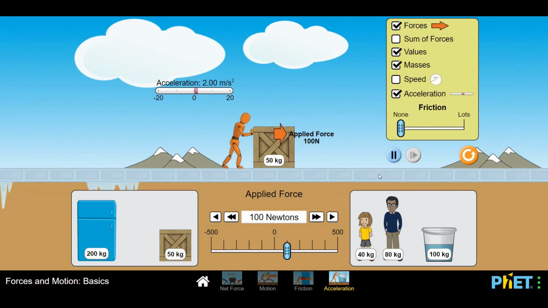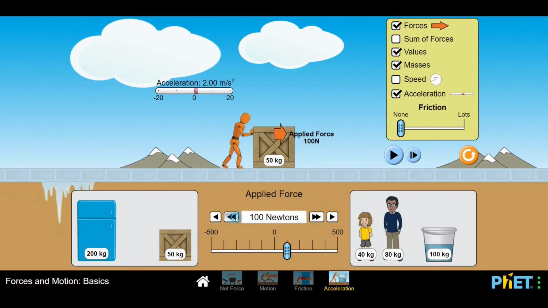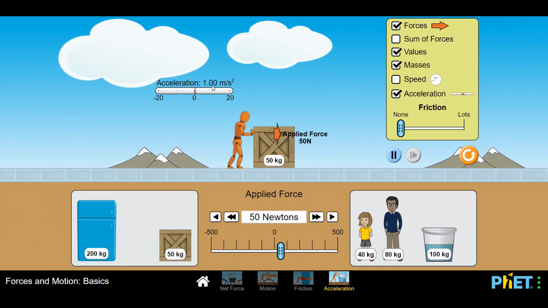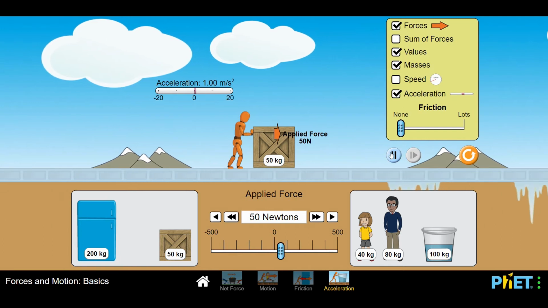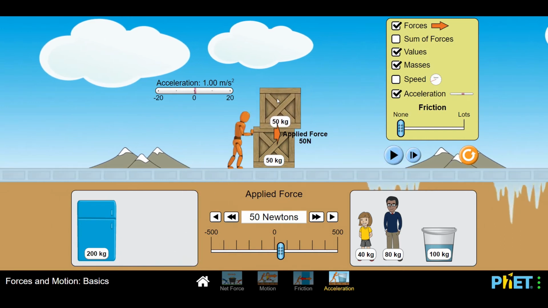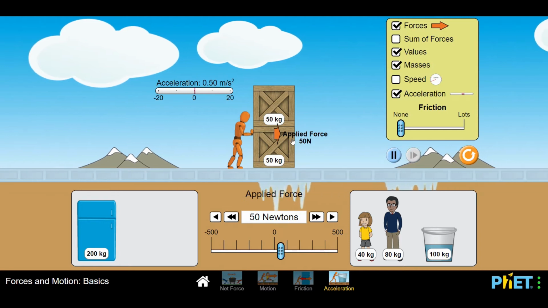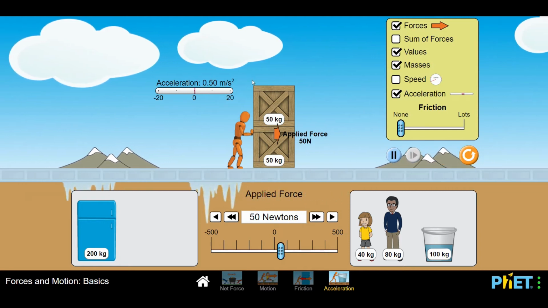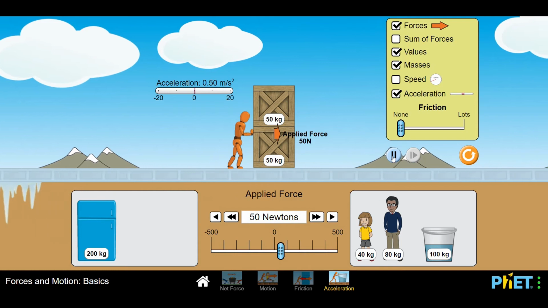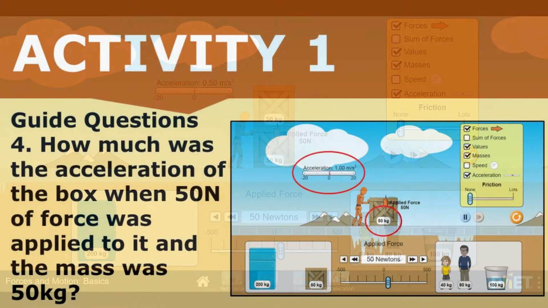For the second situation, let us apply 50 newtons of force to a 50 kilogram box. Please note the acceleration. This time, let us double the mass of the box to 100 kilograms by adding another one. Let us keep the force applied constant this time. Please note the acceleration. Number 4.